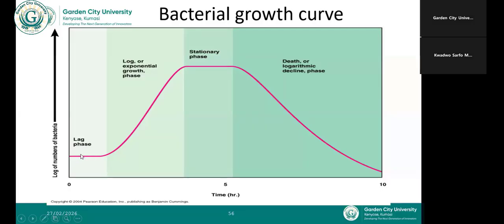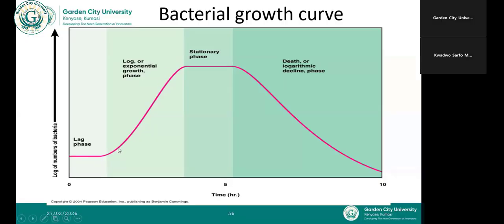But if you keep them in the right media, the transport media or in the right media, the lag phase may be very short. But if you keep them at low temperature, the lag phase may also be very long because it will take a while before they come out from the 2 to 8 condition and adapt to the 37 degrees Celsius.